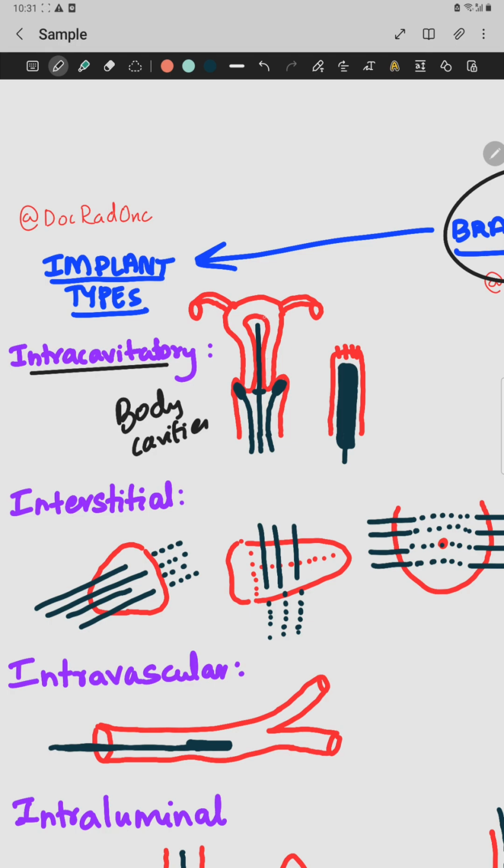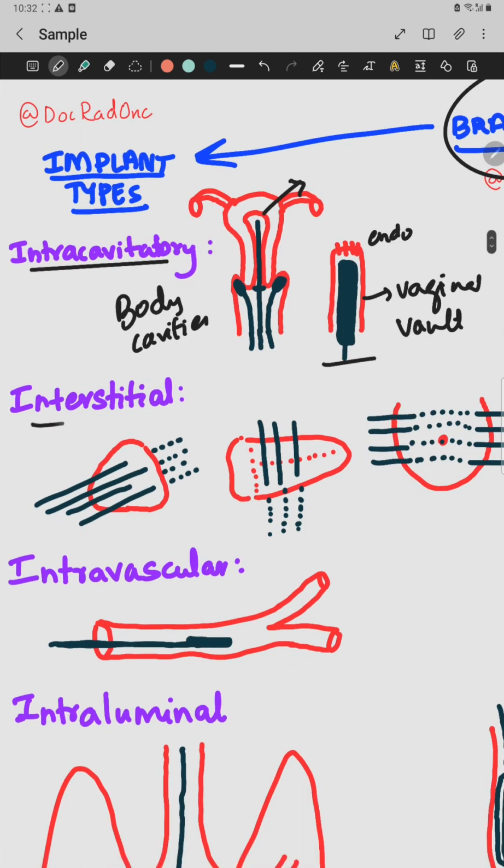For example, in cervical carcinoma, you are using intracavitary applications. Here it is endometrial carcinoma, where they have removed the uterus, and this is the vaginal vault. Here a vaginal cylinder has been used as the intracavitary applicator.